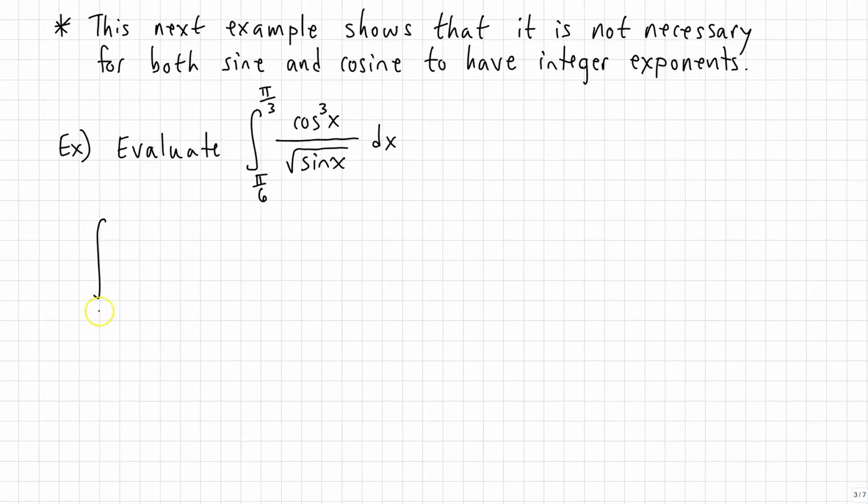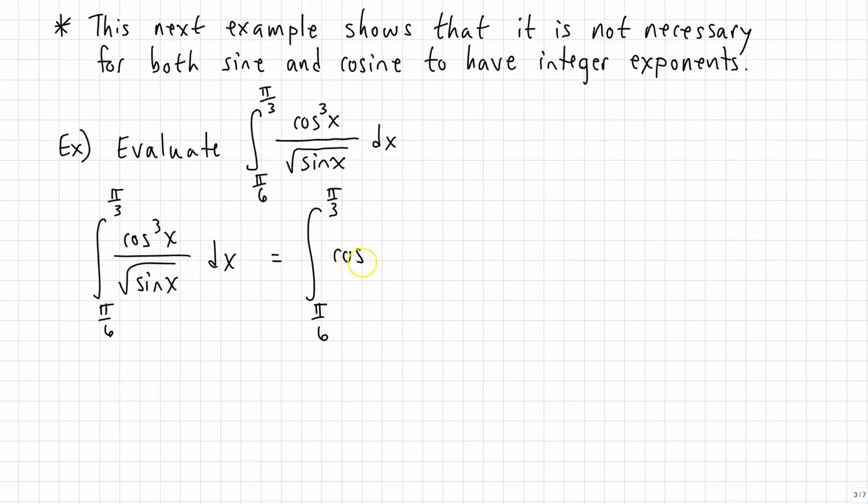So if we have the integral from pi over 6 up to pi over 3 of cosine cubed x over the principal square root of sine x with respect to x. Well, let's move the sine up to the numerator. So that would be cosine cubed x sine to the negative 1/2 x dx.